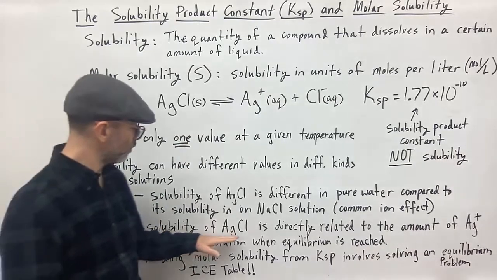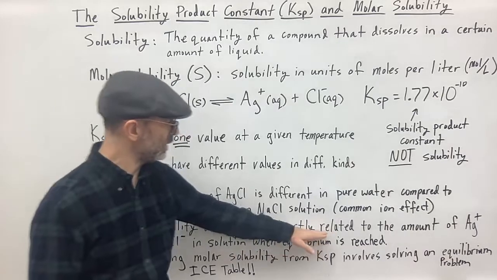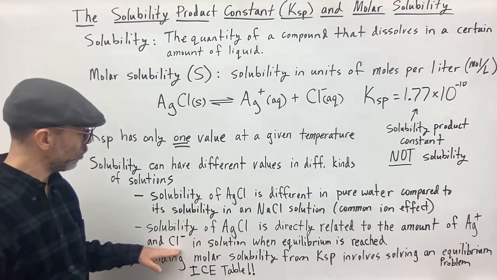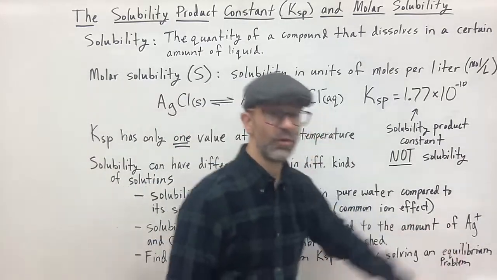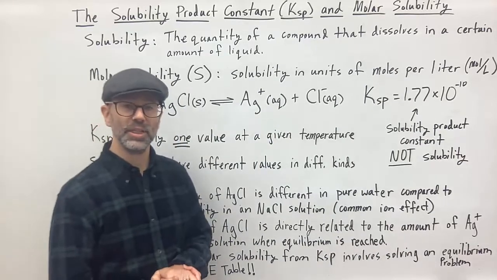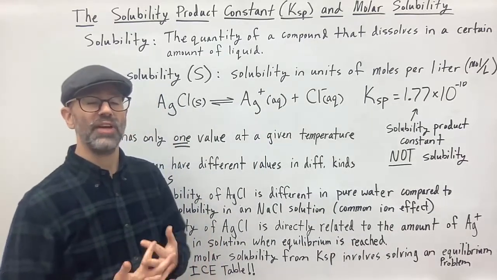Also, the solubility of silver chloride is going to be directly related to the amount of chloride ions and silver ions that are in solution at equilibrium. So what does that mean?